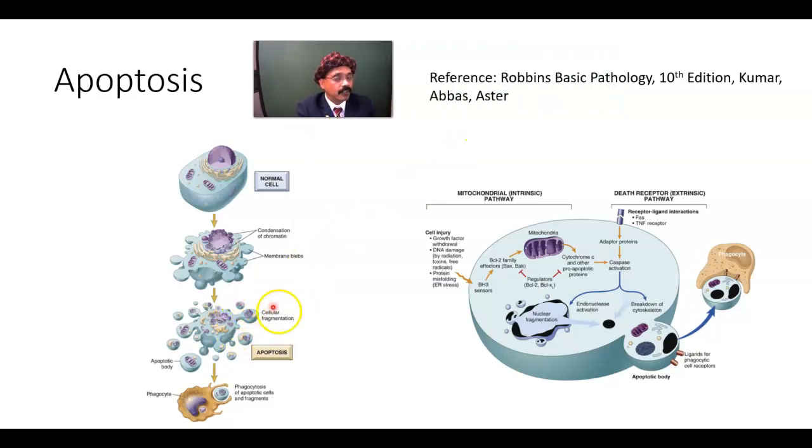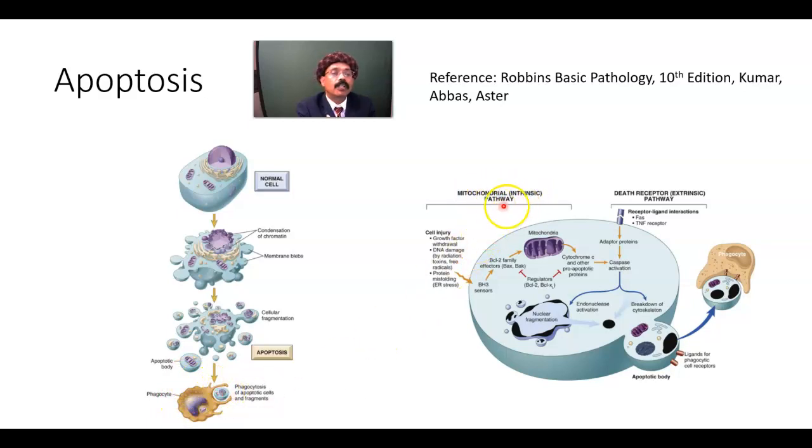Nothing is released into the surroundings of this cell, and if it is released, it is very insignificant and does not cause inflammation. There will be phagocytosis by macrophages because of the change in the cell membrane. The phospholipid is changed, which gives the eat-me signal, so phagocytes eat those things.